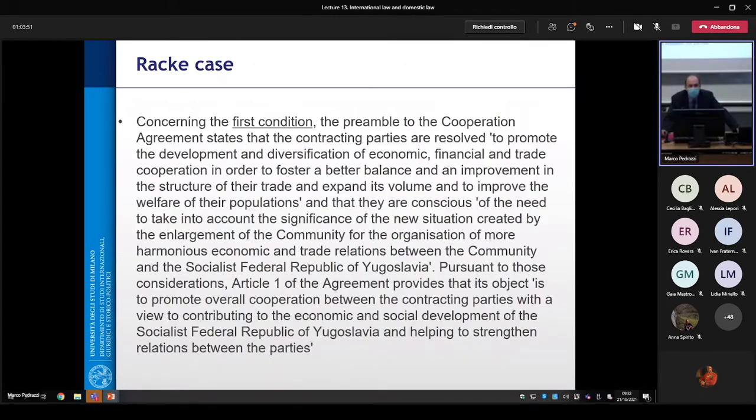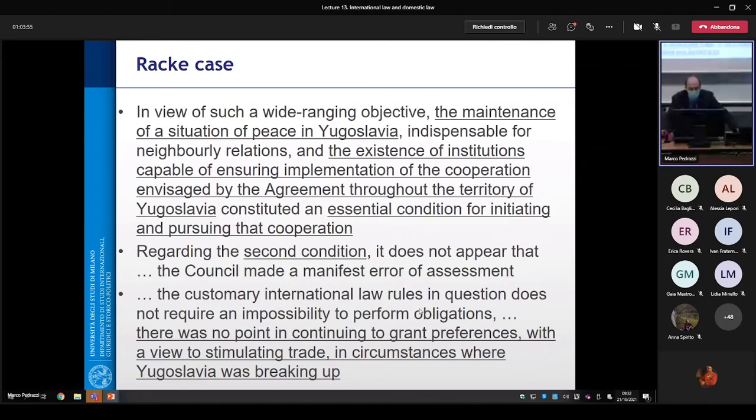This is a case in which an international court admits the possibility of applying the rebus sic stantibus principle, probably in a too lenient way, because we might question whether, of course, the amount of trade was reduced between the two parties, but there was probably no real justification for excluding the application of preferences to the amount of trade that was continuing to go on between the two parties.